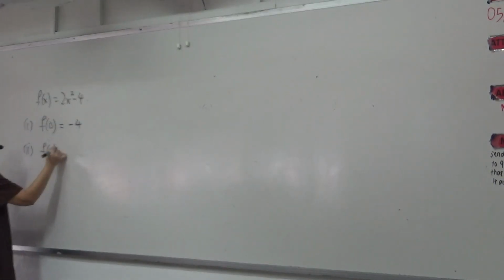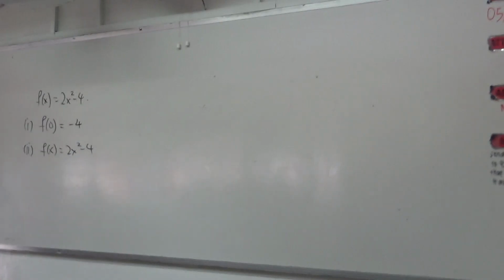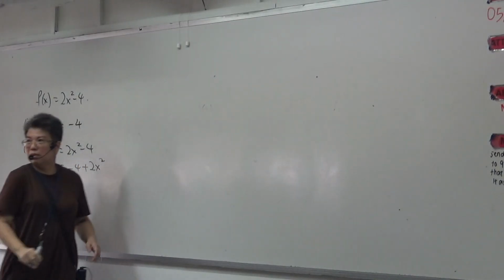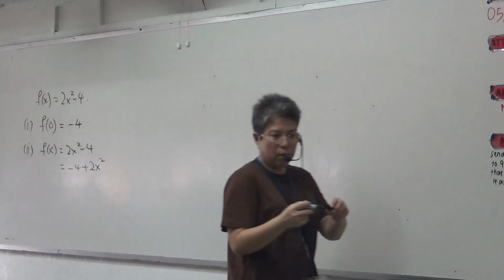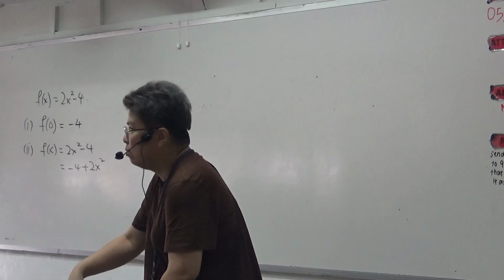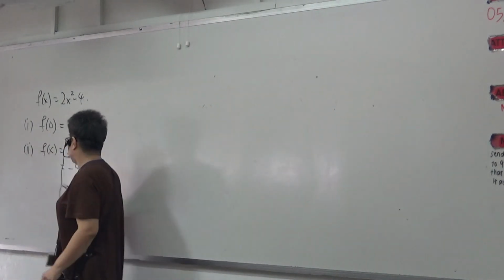Now, f(x) is this. Correct? Okay, all of you look up. Can I rewrite it as this? Yes, no problem. Now, do you agree that when x is 0 it is negative 4?